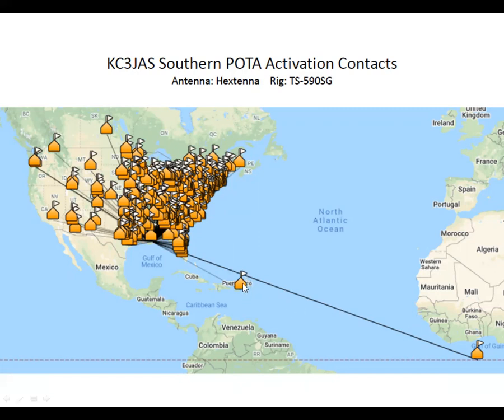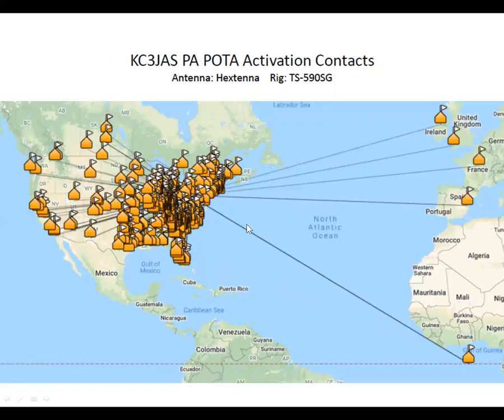And we hit Puerto Rico, and I forget what this is, some island off the coast of Africa. So that was pretty good. And then this was from here. I don't know how many activations we did, but you can see this is pretty much 40-meter area here.